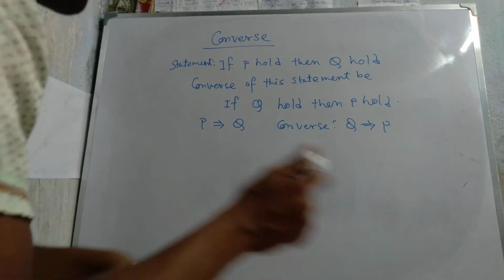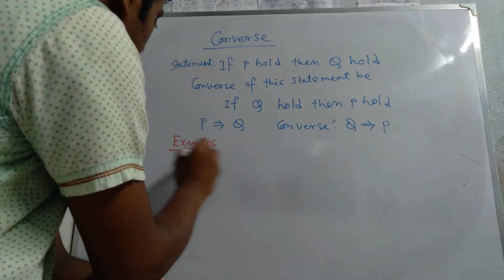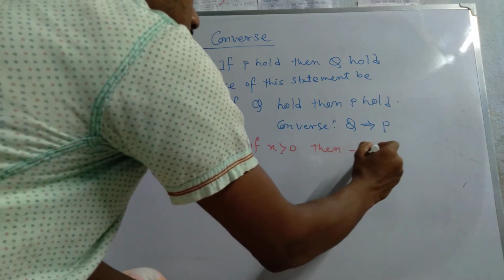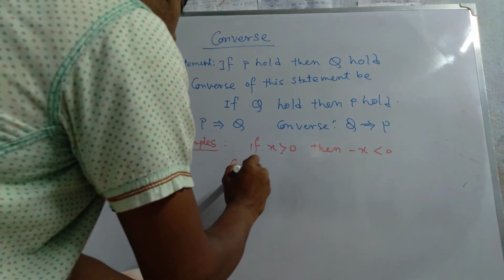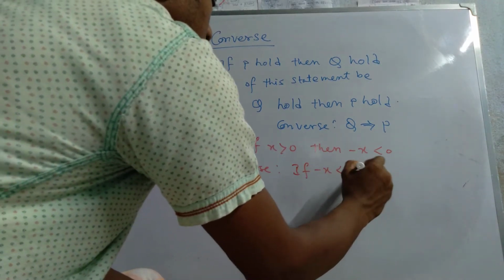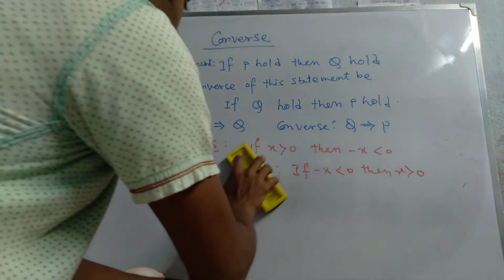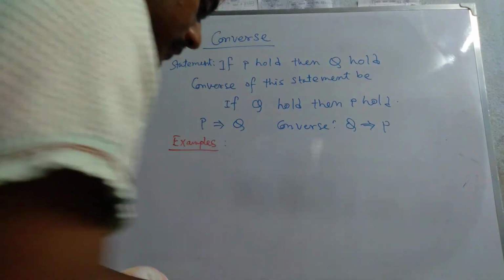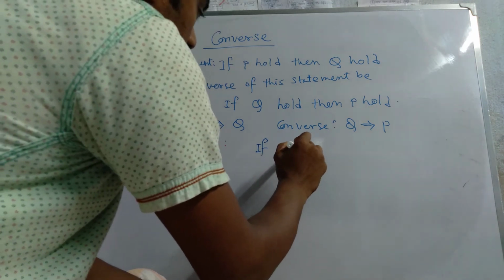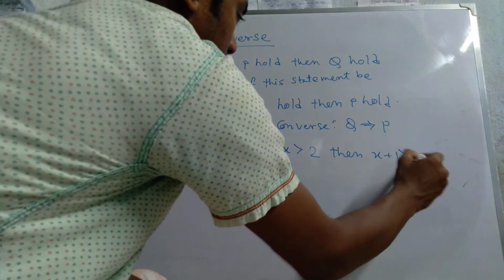Next we see some examples. If x greater than 0, then minus x less than 0. The converse is: if minus x less than 0, then x greater than 0. Create another example in a simple way: if x greater than or equal to 2, then x plus 1 greater than 3.